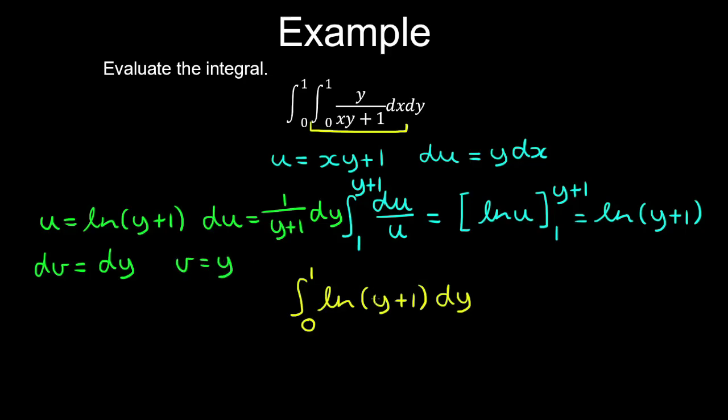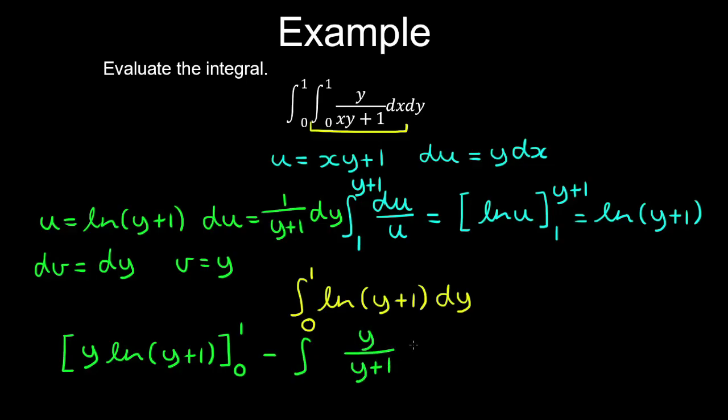So we can rewrite this integral as u multiplied by v, which is y by the natural log of y plus 1, evaluated at y equals 0 and 1, and minus the integral of v du, which is y on y plus 1, integrated over y, from y equals 0 to 1.